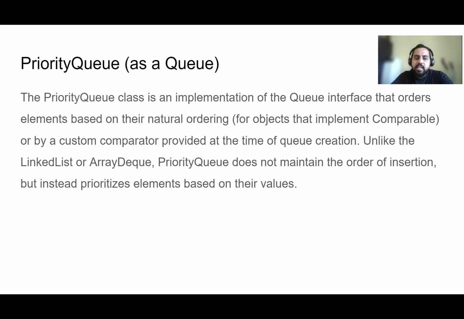Unlike LinkedList and ArrayDeque, which maintain insertion order, PriorityQueue does not maintain insertion order but instead prioritizes elements based on their values. That's why it's called a priority queue: by default it prioritizes based on natural order, and if you provide a comparator, it prioritizes the elements based on that.